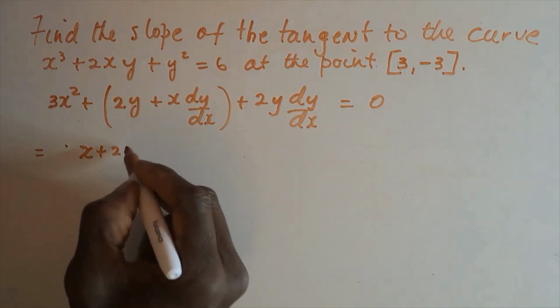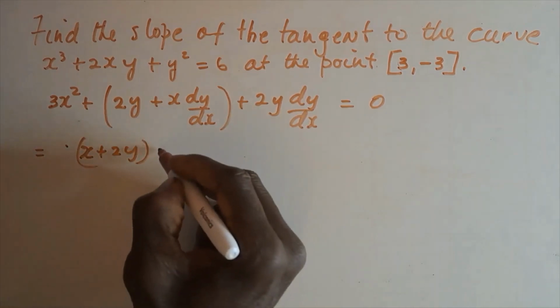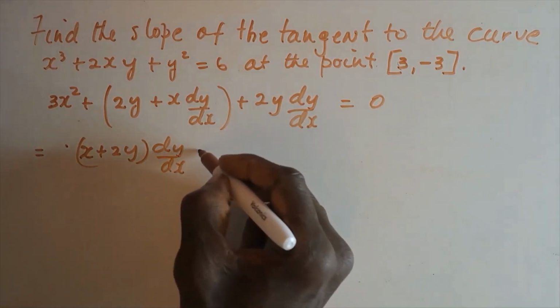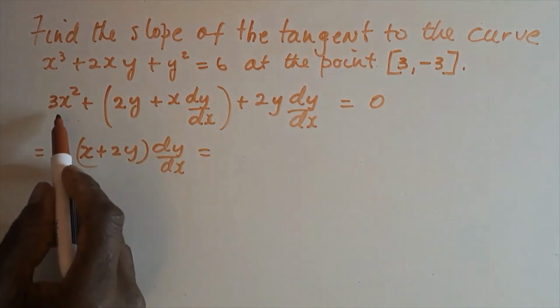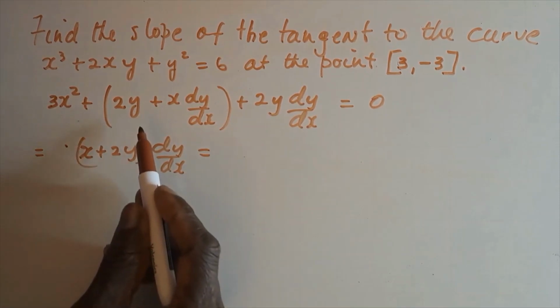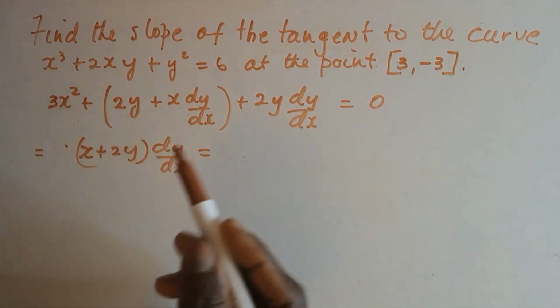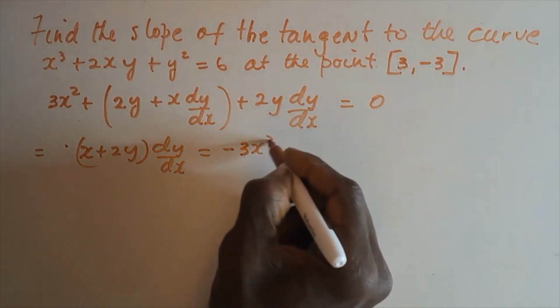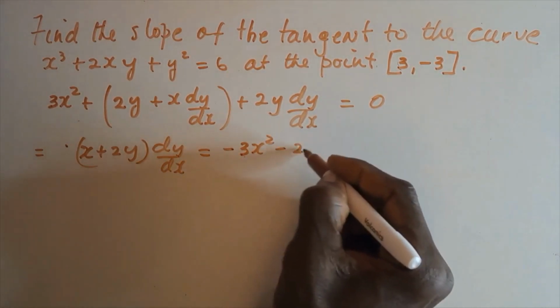X add 2y dy dx, and we have minus 3x squared, and we have 2y. We'll take it on to the right hand side, and this becomes minus 3x squared minus 2y.